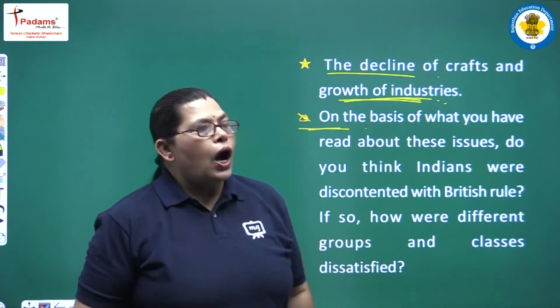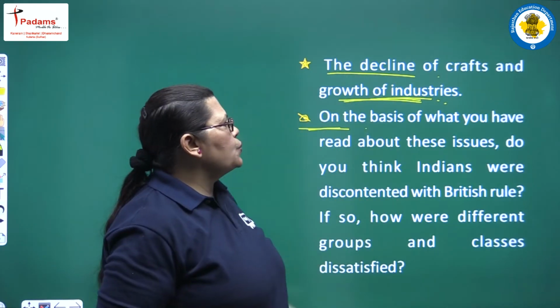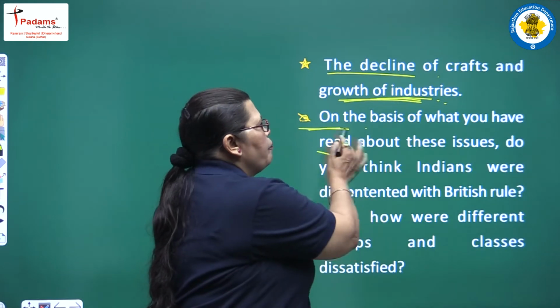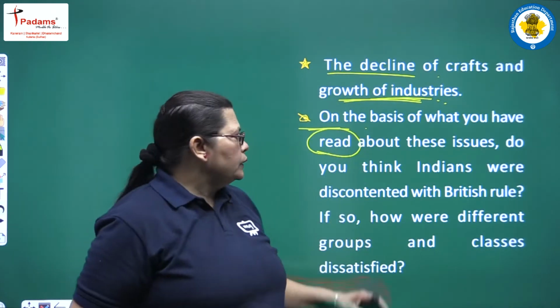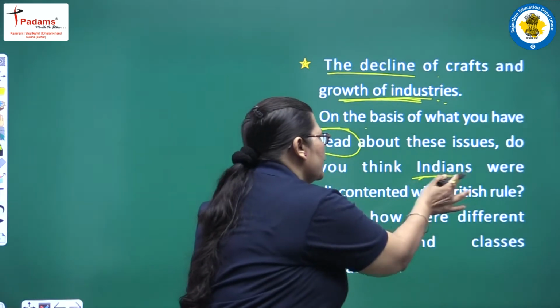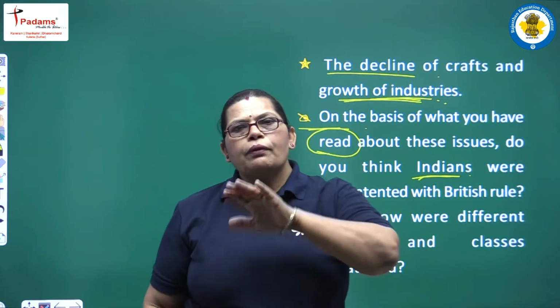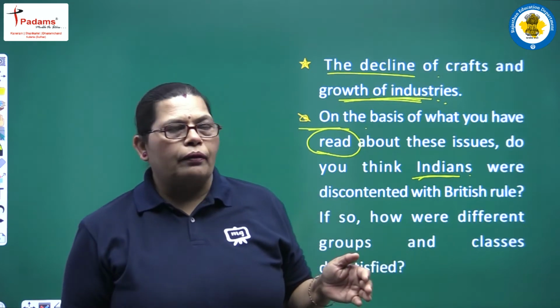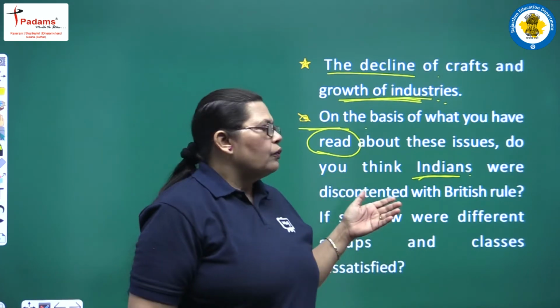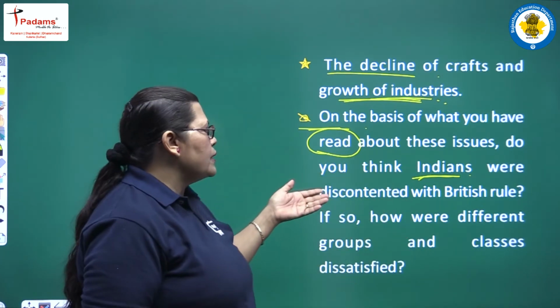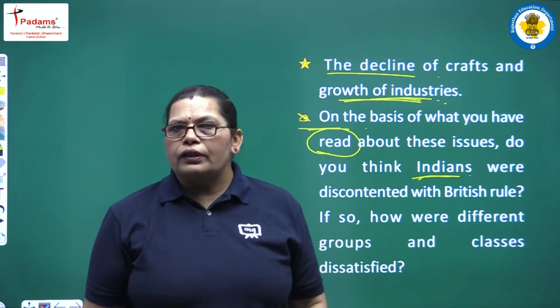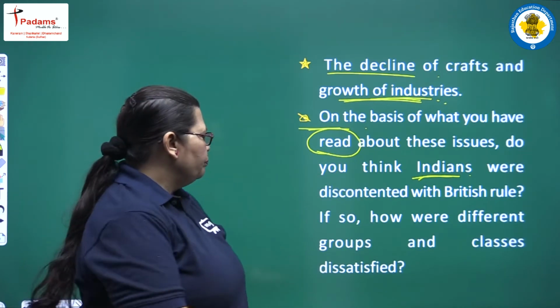Next one is, on the basis of all these issues that you have read about, do you think Indians were disconnected from British rule? It's okay, many changes took place at that time, but we cannot fully say that at that time we were totally disconnected from British rule.